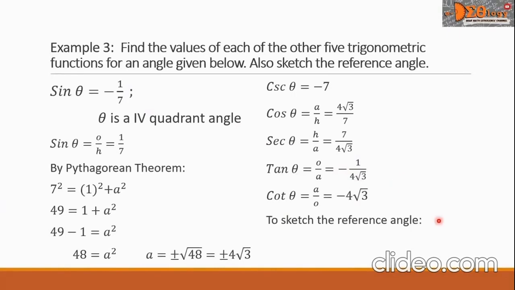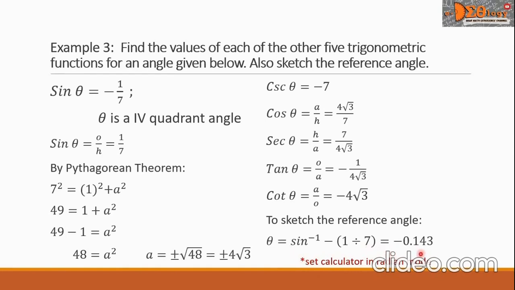Now to sketch the reference angle, first let us get the angle itself. This angle theta can be derived using our calculator. You will use the arcsine in the calculator. So theta equals arcsine of negative open parenthesis 1 divided by 7 close parenthesis, then hit the equal sign.